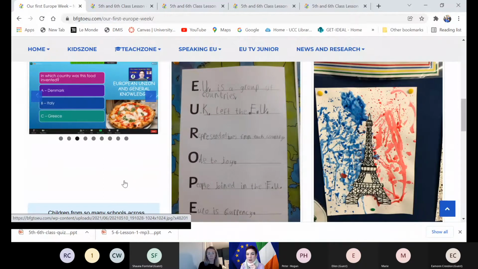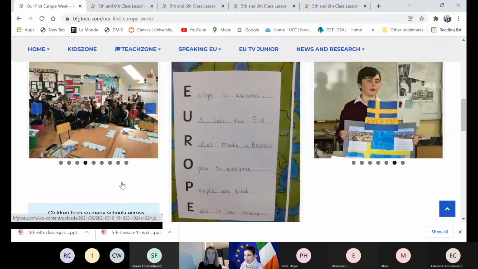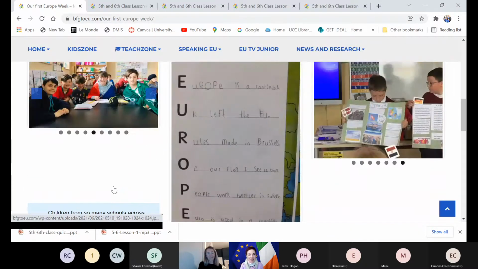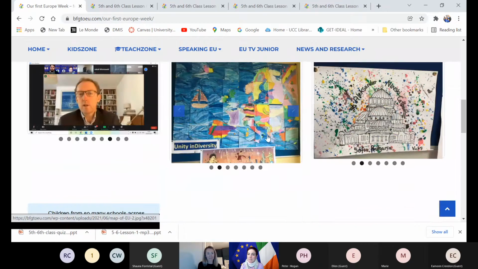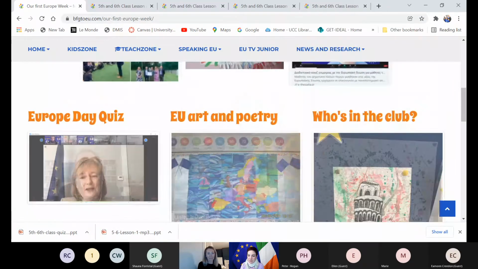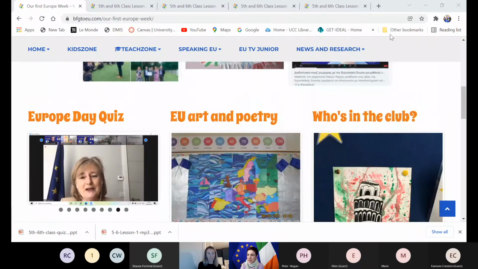This year we're going to aim high. Laura suggested going for the President of the European Parliament, so we'll see whether she responds to us. It is the year of the youth, after all. So just to give you an idea of what the collaborative art looks like. And then the last exercise, it has got to happen on the 9th of May, because it is Europe Day.